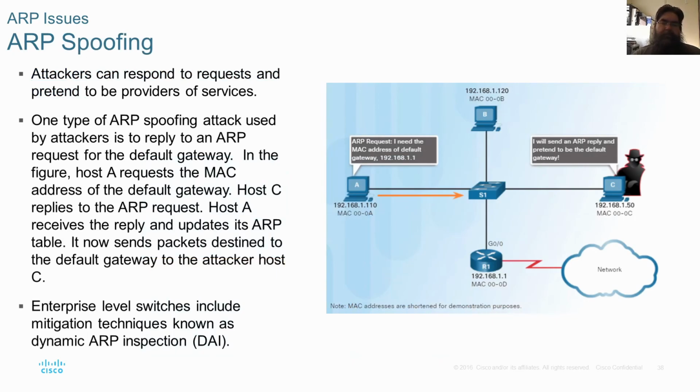Now, because it is a well-known protocol, people can use ARP spoofing to intercept the traffic, so pretend to be the gateway and receive the traffic instead of the legitimate gateway. We use a system called dynamic ARP inspection to mitigate this type of attack in enterprise level networks.